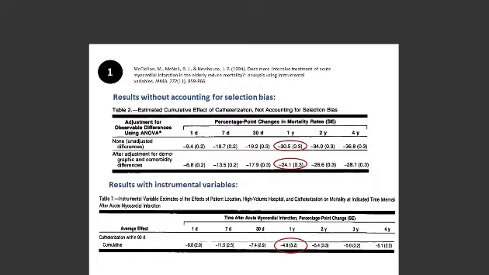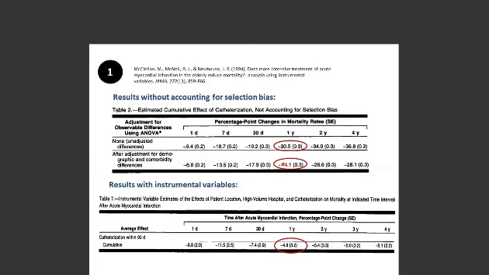Now, the paper also presents their result without accounting for selection bias. So they estimate the cumulative effect of catheterization on mortality post AMI. They look at 1 year post AMI here, and show that the decrease in mortality is negative 30.5 percentage points.